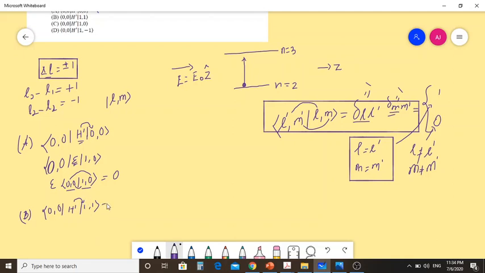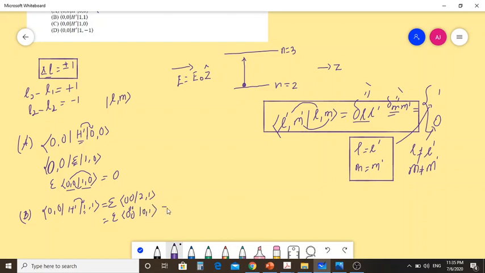After the interaction, it can obtain the eigenvalue 0 comma 0. Suppose after interaction, this L state goes either plus 1, raising the state, and it won't do anything to the magnetic quantum number M. Or it will lower the state, and it can go to 0 comma 1.